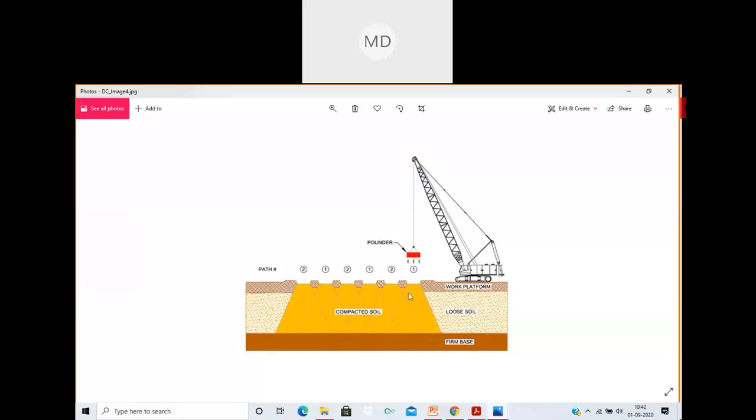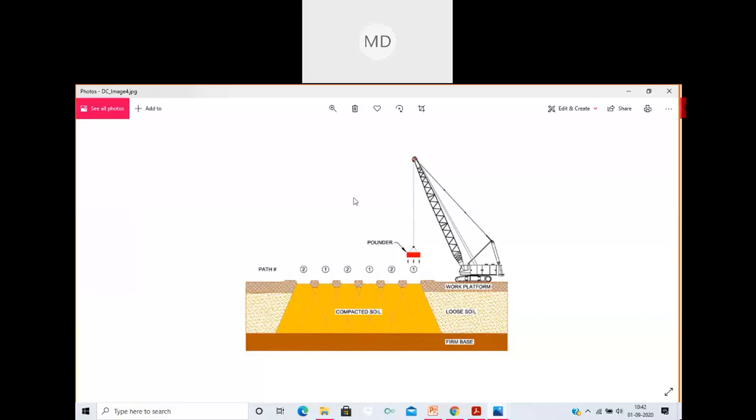Like this it is done, then again it will be dropped here, in the upper brown portion shown. Thus the process will be repeated, and the whole site will get compacted.